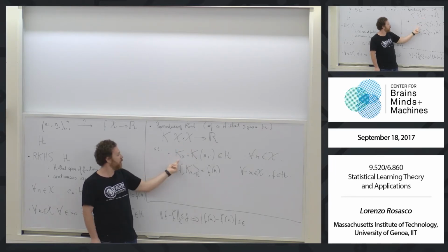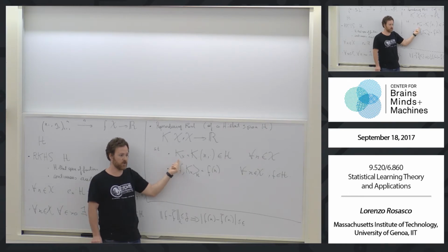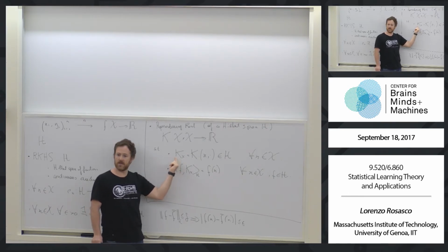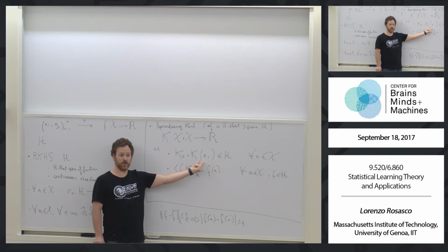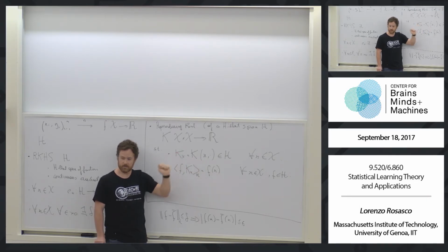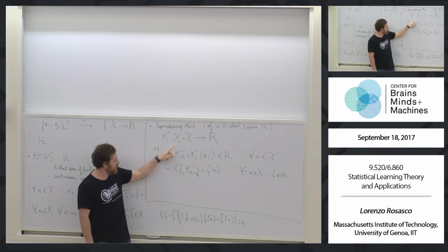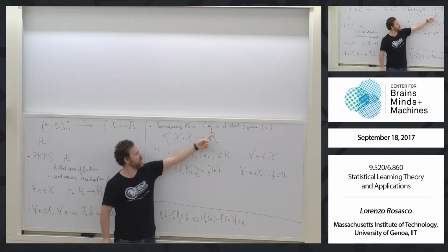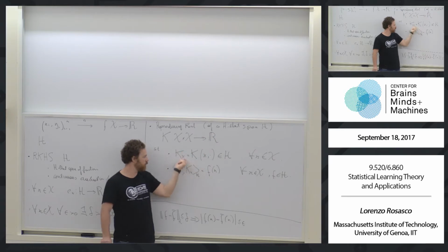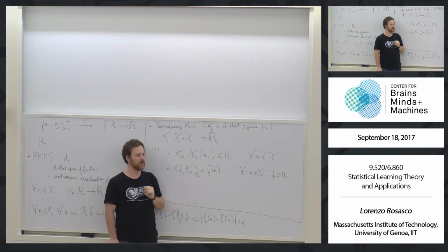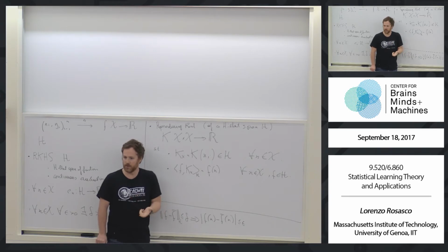Today we're often going to use this shorthand notation: K subscript x is going to be this function here, the kernel function where I fix one of the two entries. This is property 1. Property 2 is that if I take any function in this Hilbert space I started from, and now I take the inner product with this function, I actually get the function at the point. This is what is called the reproducing property of the reproducing kernel.